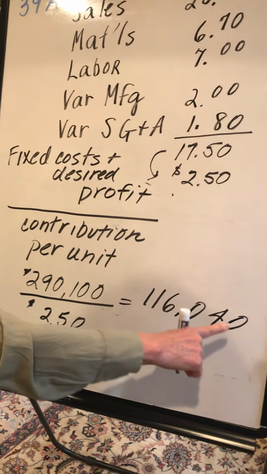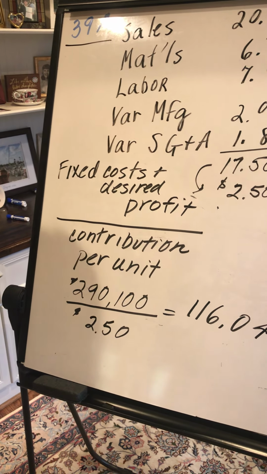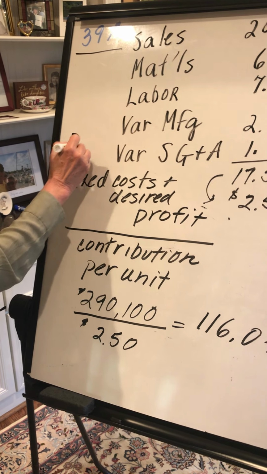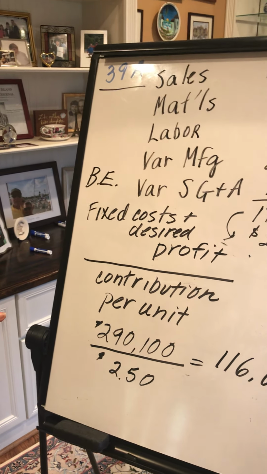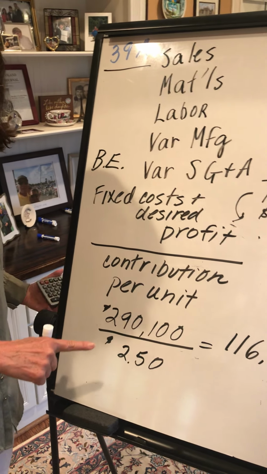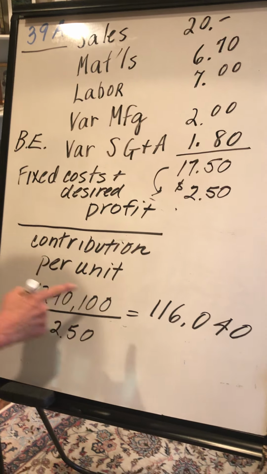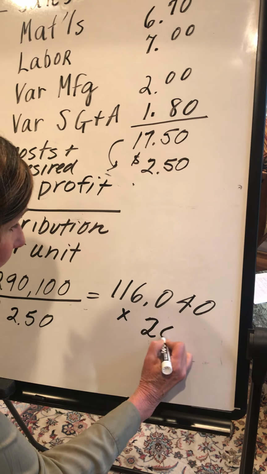So this, by the way, is number 4 in problem 39A. So this is the break even in units. I believe they also ask in the same problem, what is the break even in dollars? And the break even in dollars we can find by simply multiplying this times the selling price.